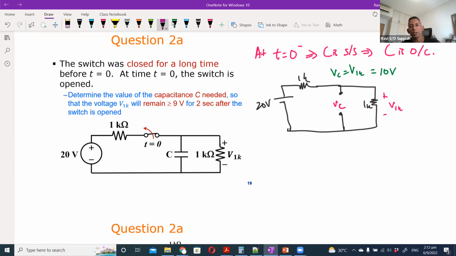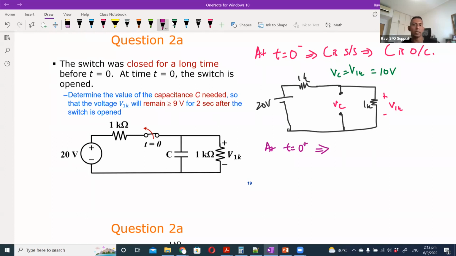Now at t equals 0 plus. As we discussed in the studio, the voltage across the capacitor and the current through the inductor cannot change instantaneously.